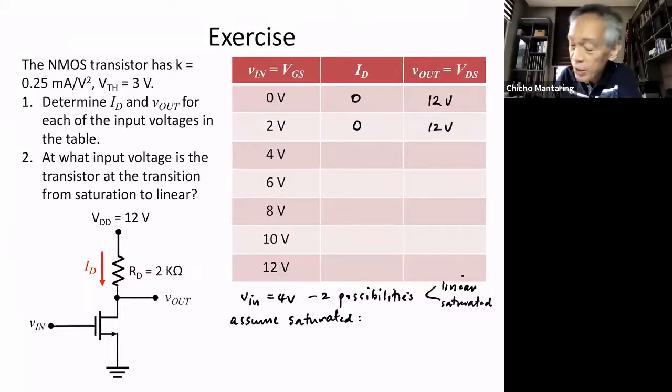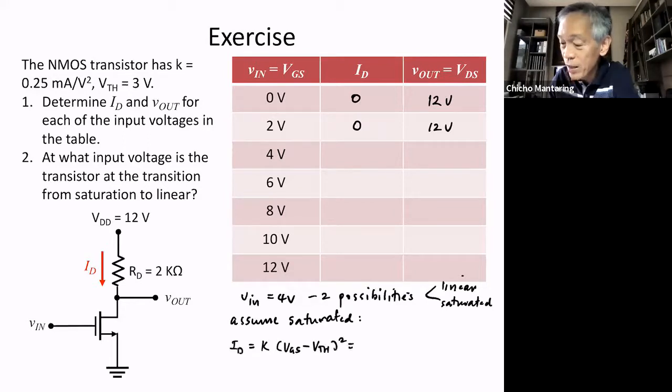Okay, if it is saturated, what is our formula for ID? ID is equal to K times (VGS minus VTH) squared, no? What is K? K is 0.25 mA per volt squared, no? So let's stick to mA.